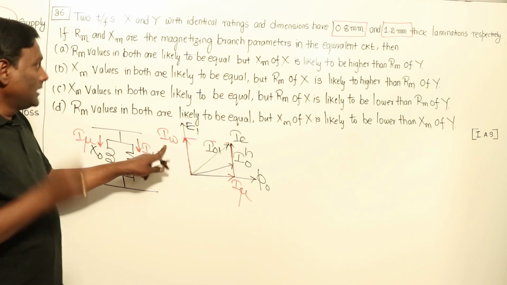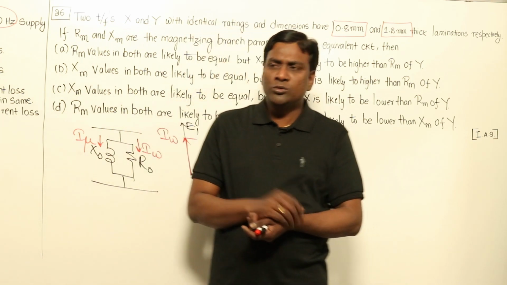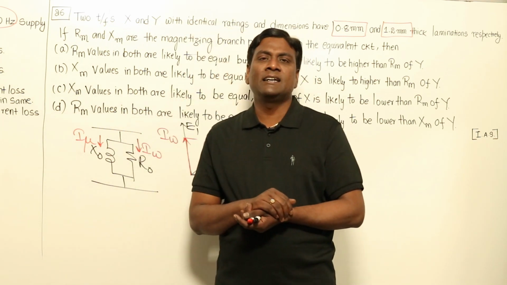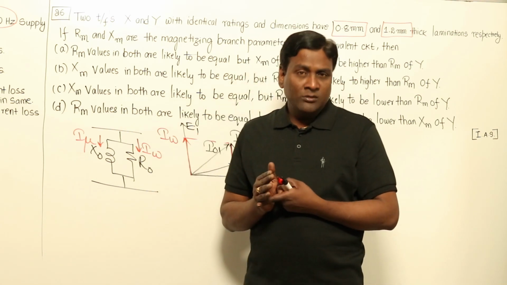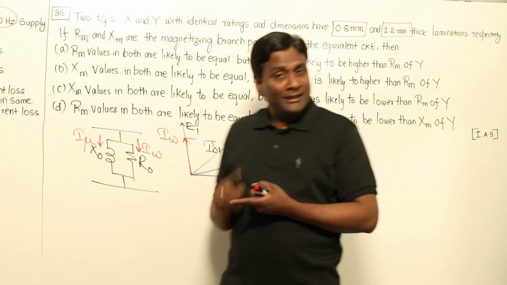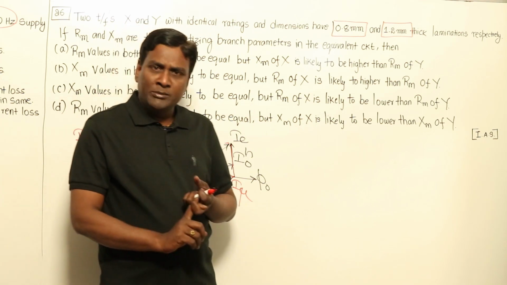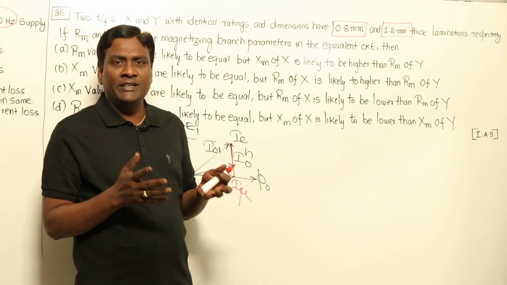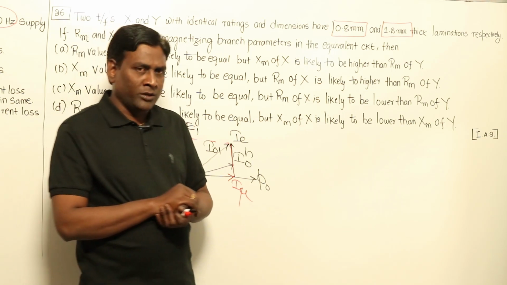Now come back to 0.8 mm and 1.2 mm thickness of laminations. If you increase the thickness of laminations, eddy current losses will increase. Did they say anything about magnetic property? No. Did they say anything about relative permeability variation or flux density variation? No, he did not say anything. So everything else is going to be constant.